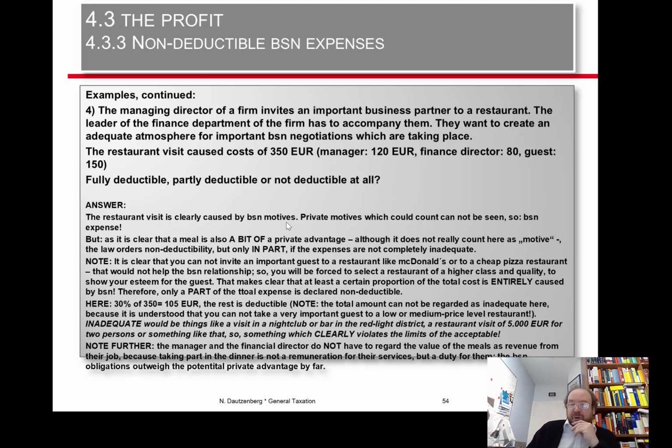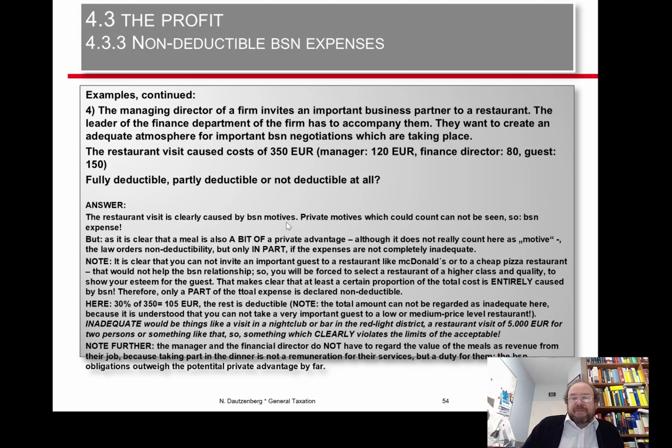Fully deductible, no, because it's hospitality expense. It's definitively, that's the first step, definitively caused by business, and only caused by business. You don't have a business dinner for private reasons. 4-5, number 2 is applicable.